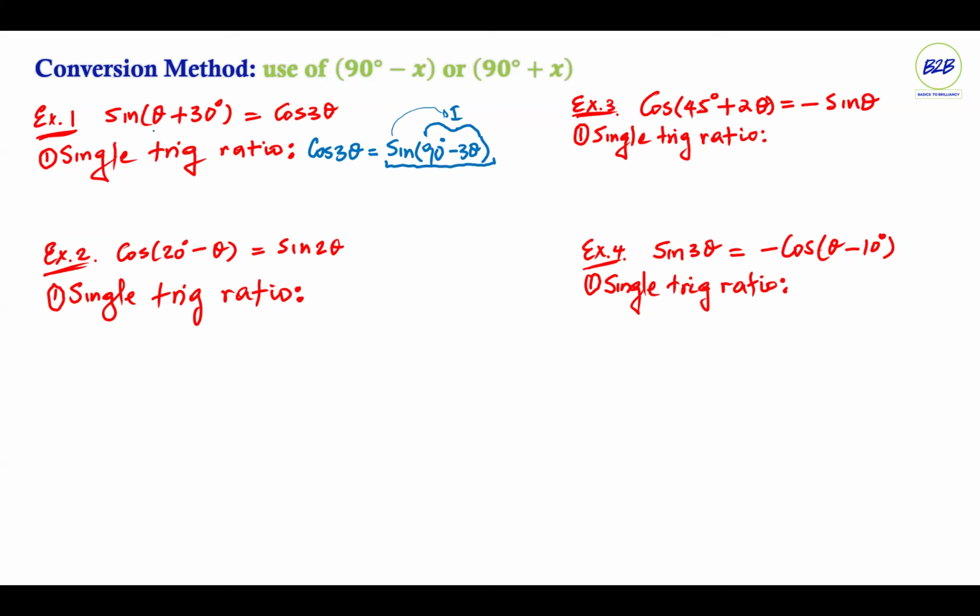So we can then go to our equation and say, okay, in order to strive for a single trig ratio, we will say sine of theta plus 30 degrees was previously equal to cos 3 theta. But we have discovered now that cos 3 theta is also equal to sine 90 degrees minus 3 theta.